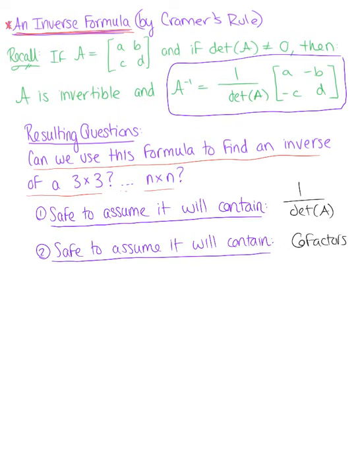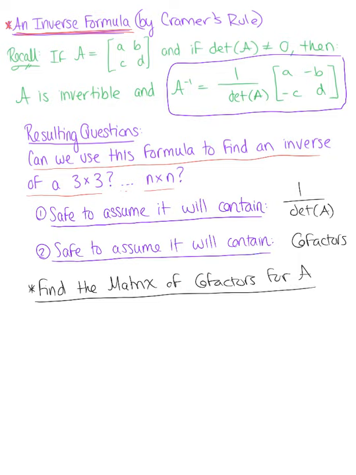So what we want to do now is find a matrix of cofactors for A. So again, we're still using this general matrix A, B, C, D, and we want that matrix of cofactors. So we want some matrix C defined as C sub 1,1, C sub 1,2, C sub 2,1, and C sub 2,2.